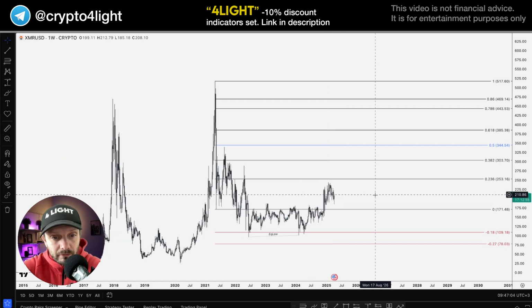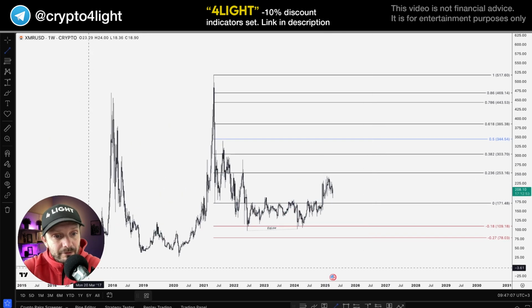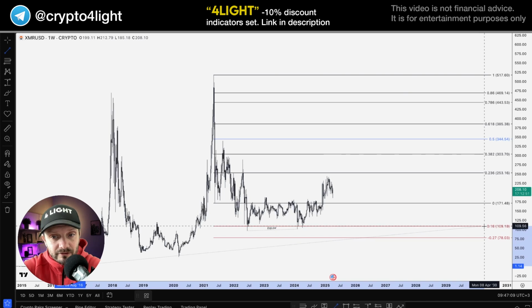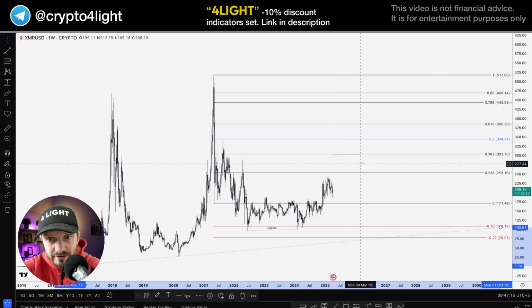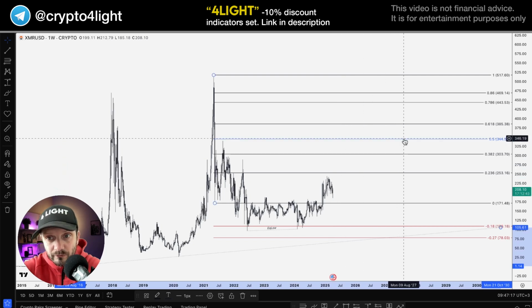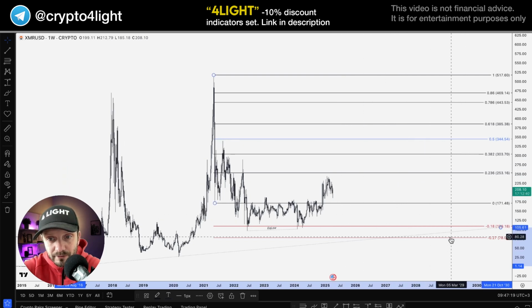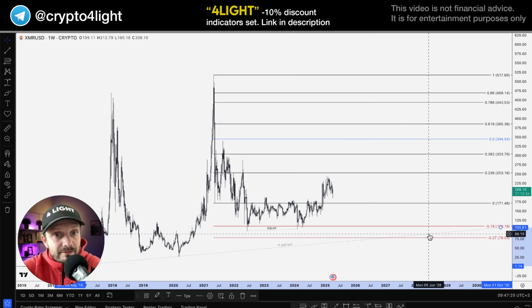Nobody knows. Maybe the channel is a little bit on an angle like this one, right? So the channel can be this support line, so it can be 344, for example, the 0.5 level by Fib, and after that drop and sweep those lows again inside the 27 block to $88. It's possible.